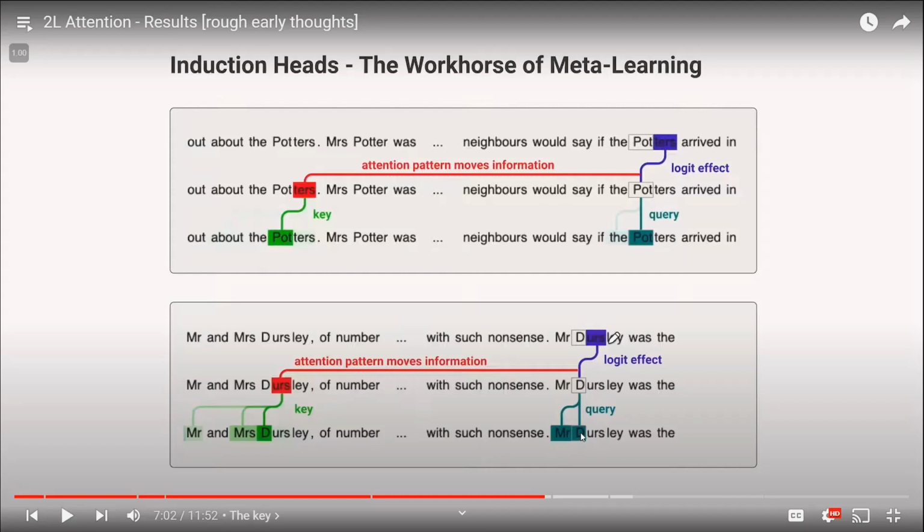That's how this D can attend to that D, but this Mr. can attend to that Mr. and Mrs. And so it's entirely possible that if you removed this Mr., then this attention, this red, wouldn't be as strong. It might still be there, but it would be only half as strong. Or vice versa, if you had the Mr. but not the D, then it would not be as strong.